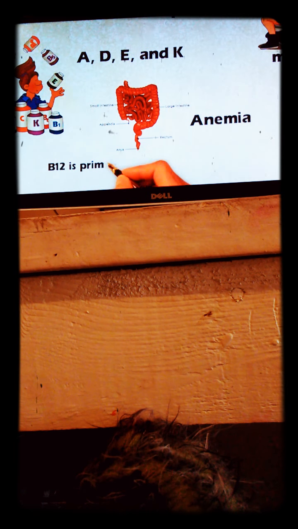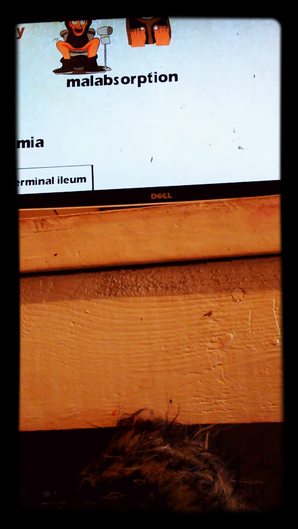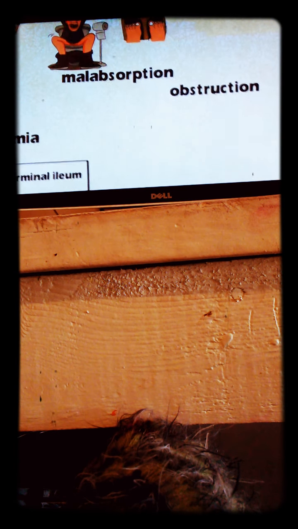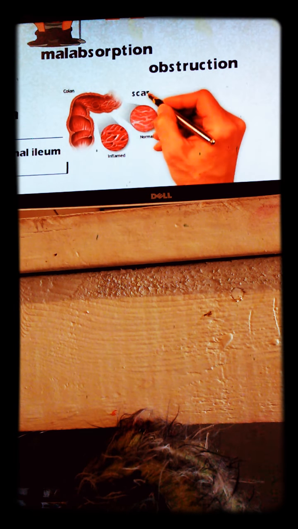Anemia may also occur as B12 is primarily absorbed in the terminal ileum, the most common primary site of Crohn's inflammatory process. Possible complications of this disease include obstruction, which results from inflammation that leads to scarring and stricture formation.